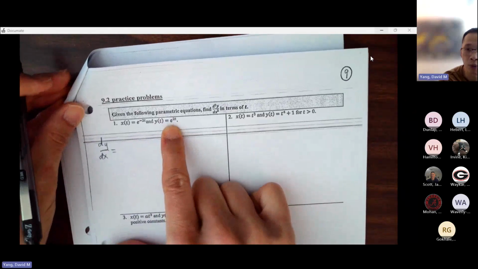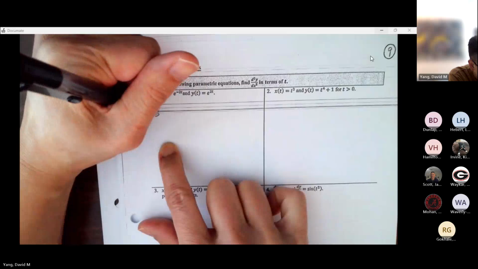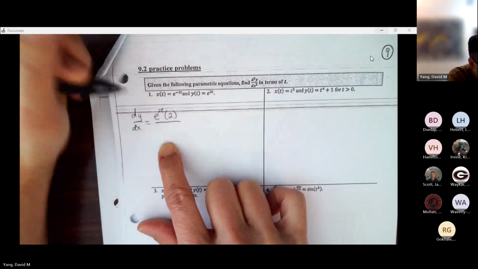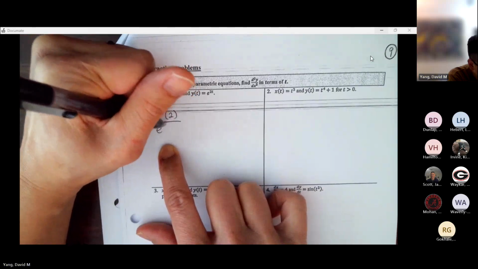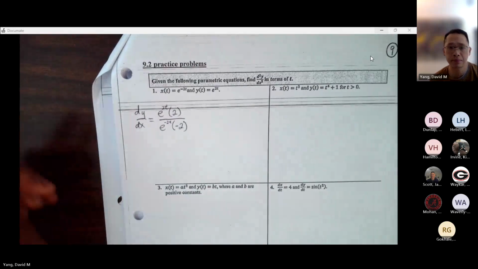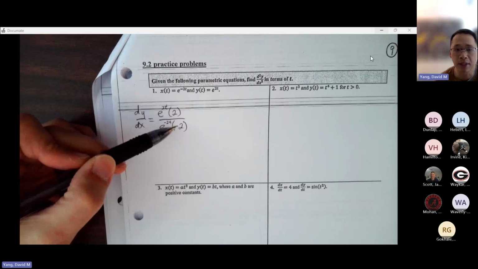So our rule for e to the u is e to the u times u prime. And then e to the u times u prime. The 2's cancel out. There's a negative that remains.